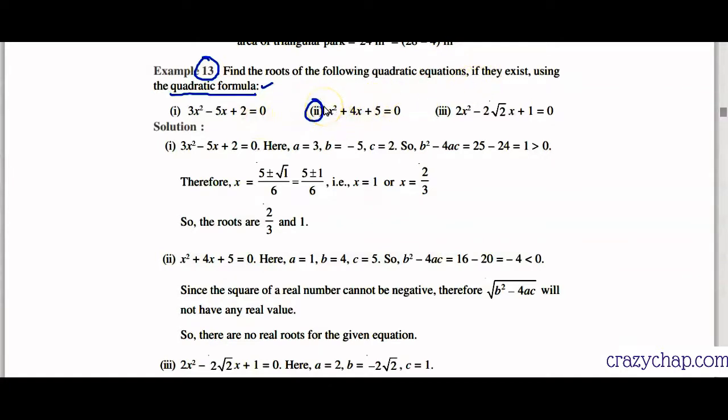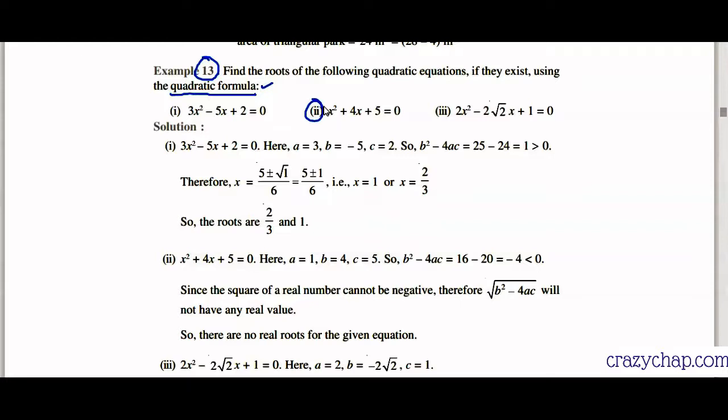Guys, before we do this question, let me tell you that among all the three methods, if it is not specified which method you have to solve, try to solve first by factorization method, okay? Because that takes lesser time and calculation is less, okay?